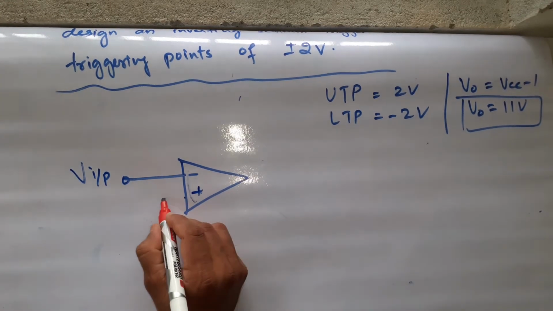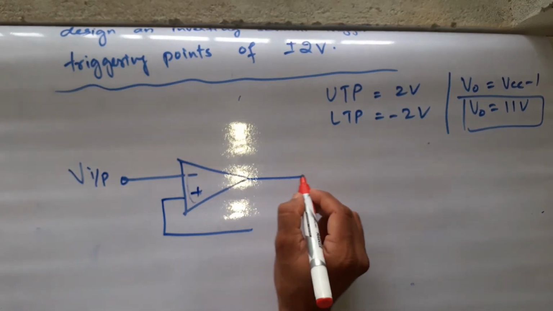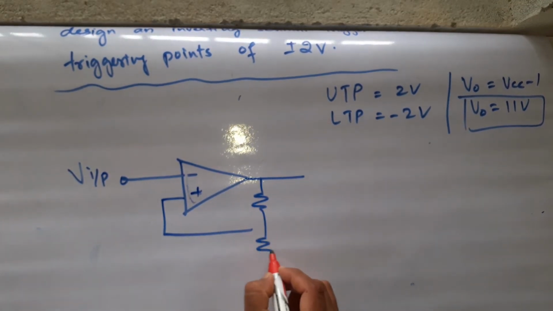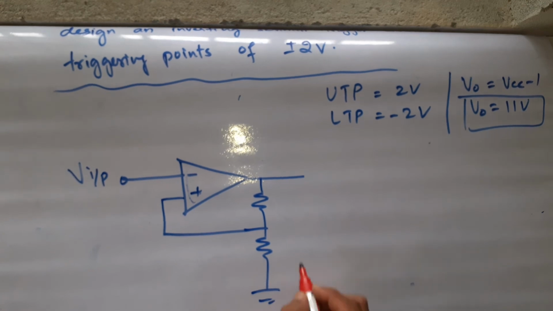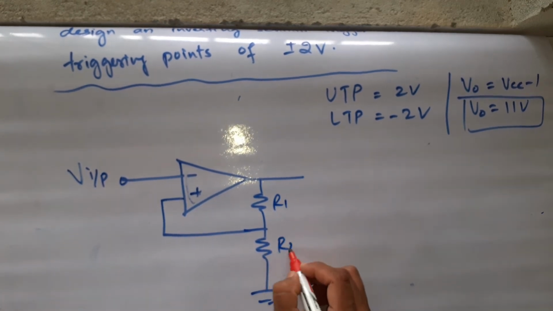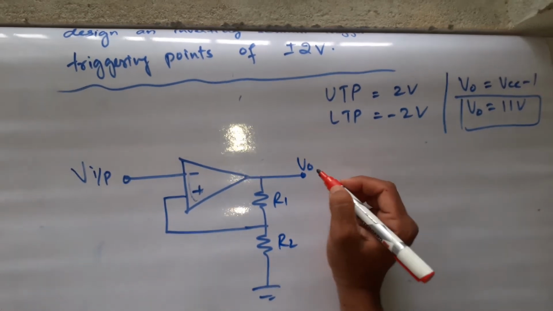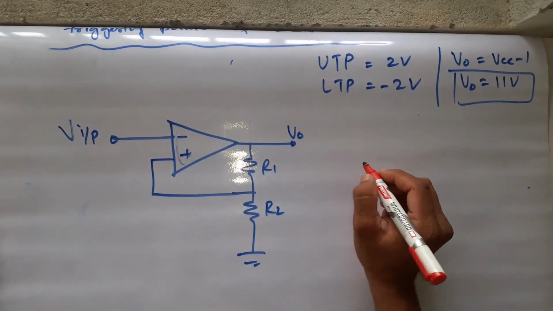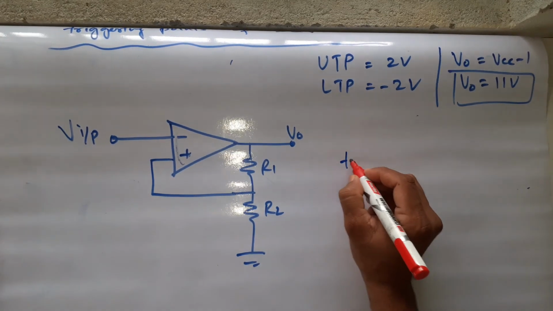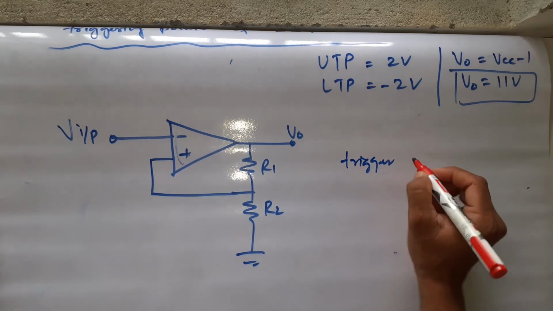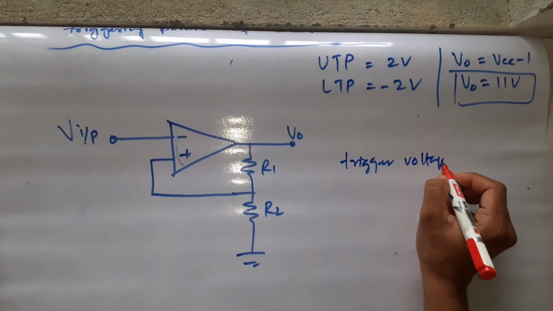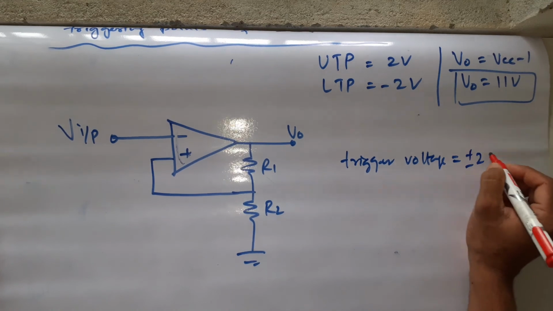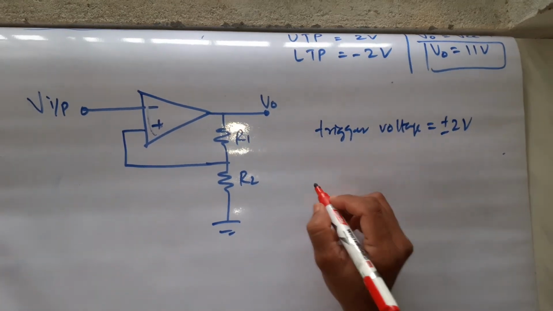This is your positive, right? This was R1, this was R2, this is your V0, right? What all to find? Our trigger voltage is plus or minus 2 volt, that is UTP and LTP.